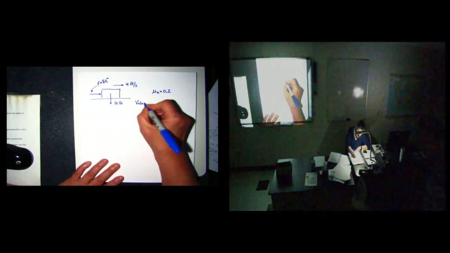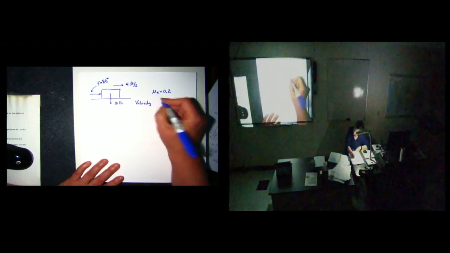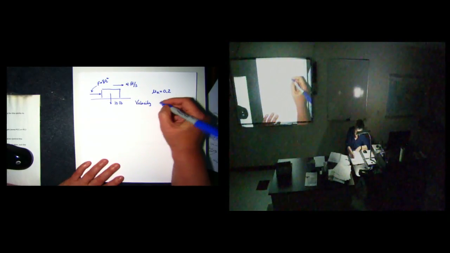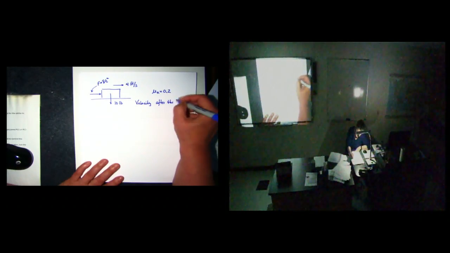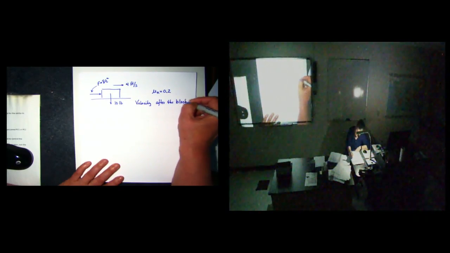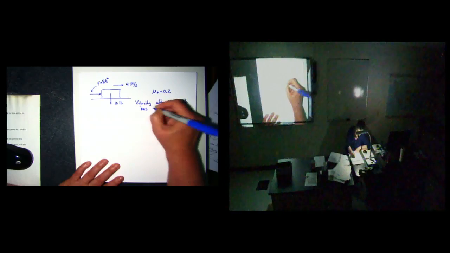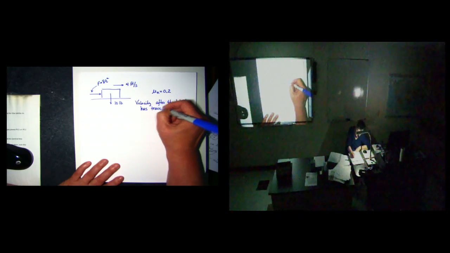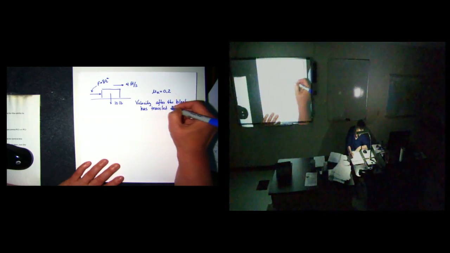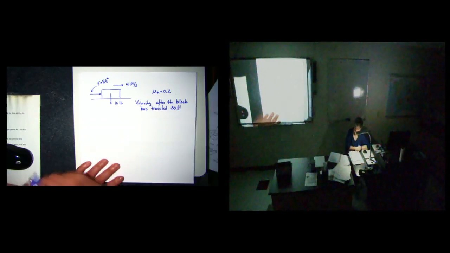Traditionally, we would have just gone in and solved for our acceleration. So let's do that. My change in velocity is going to equal my acceleration times time.